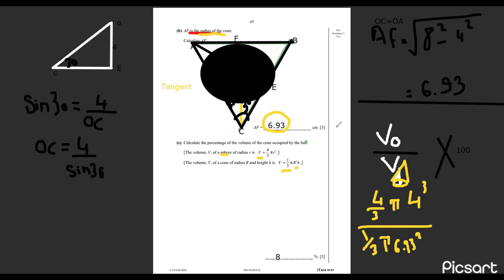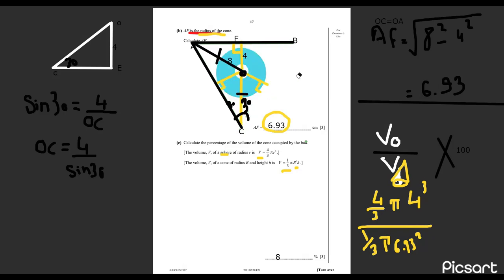Multiply by h. And h here, I just want to explain how we can get h. Here is the height. Remember, this was 4, and this was 8. So that is the height of the cone. We got it in question A. This was 8 centimeters, remember? So we just say 8 plus 4 is equal to 12.